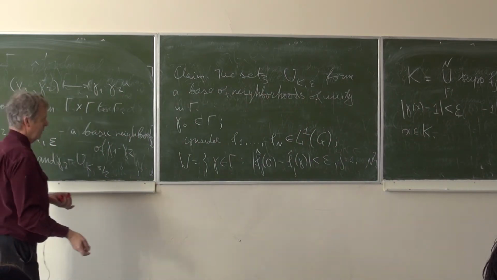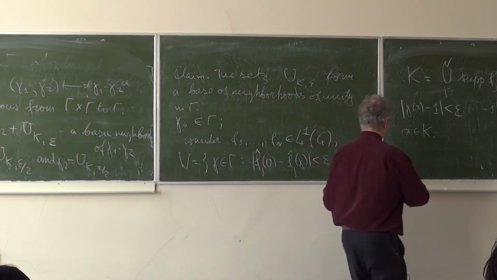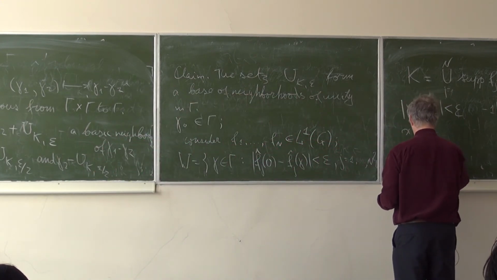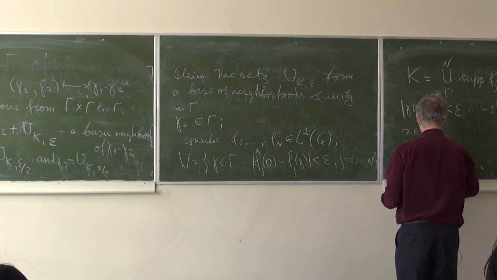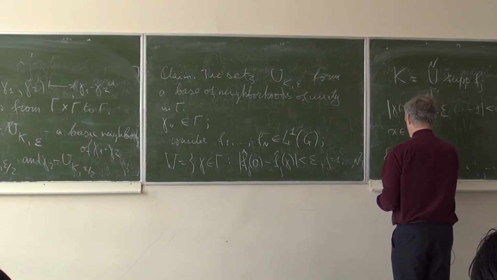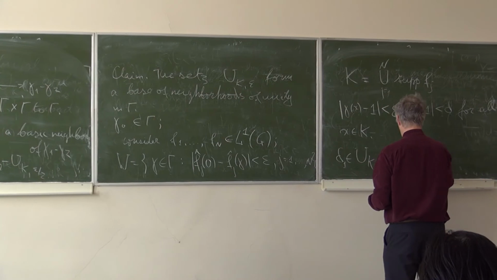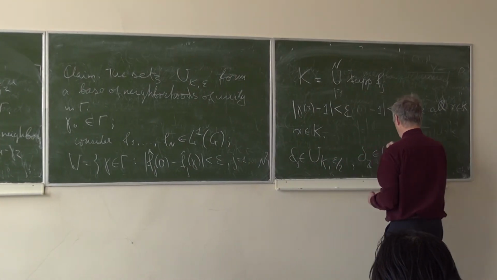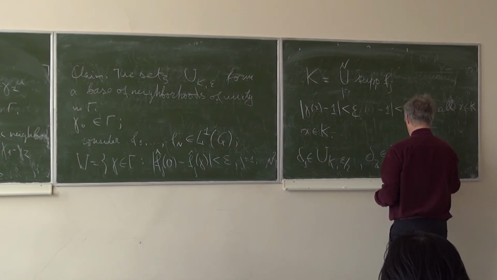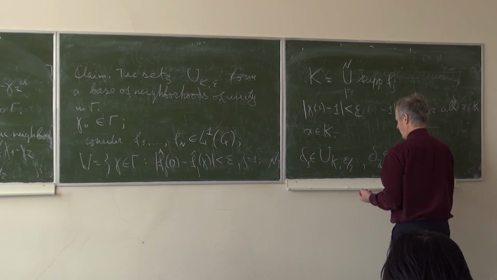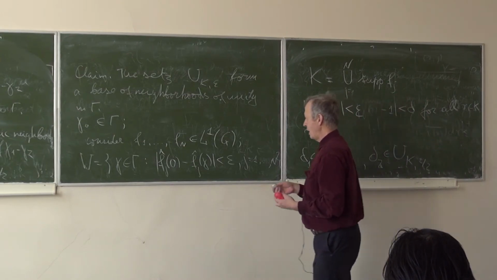So if delta 1 belongs to U(K, epsilon over 2) and delta 2 belongs to U(K, epsilon over 2), then what do we have?